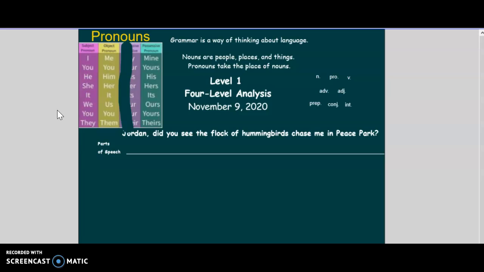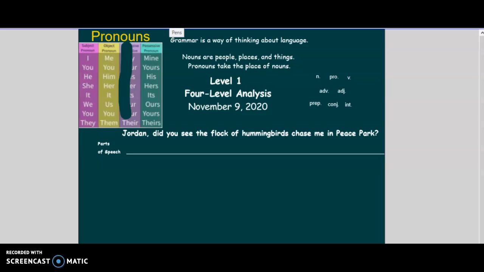If I'm talking about myself, I might replace Amy with I or me. Or if I'm talking about myself and others, I might say we or us, right? If Amy is someone else, I might say you or he or she or they or them, right? So instead of using that noun over and over and over again, and it gets kind of weird, we have pronouns.